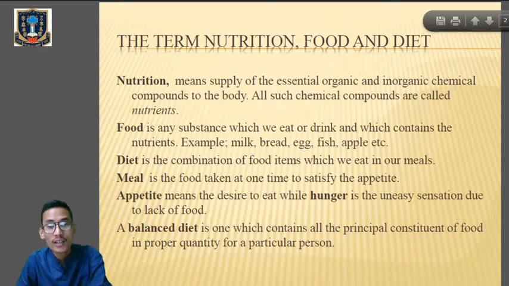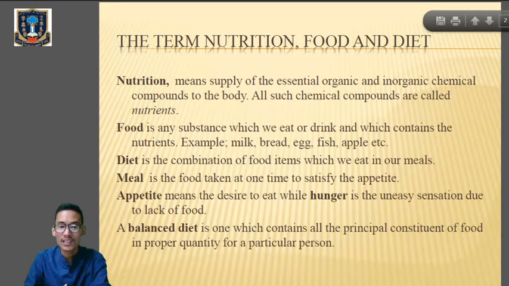So what is food? Food is any substance which we eat or drink and which contains the nutrients. Diet is the combination of food items which we eat in our meals.